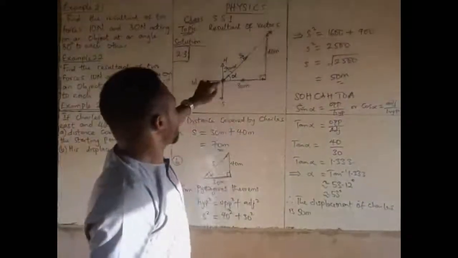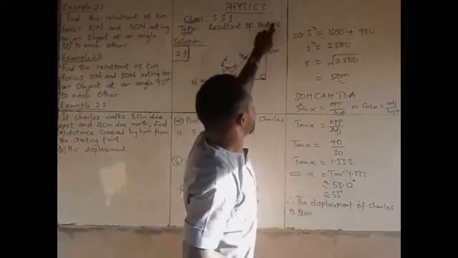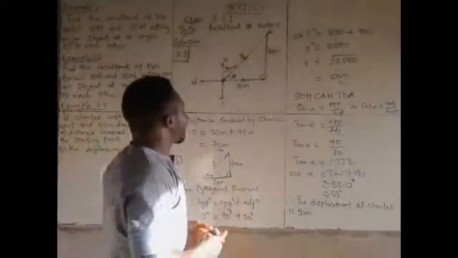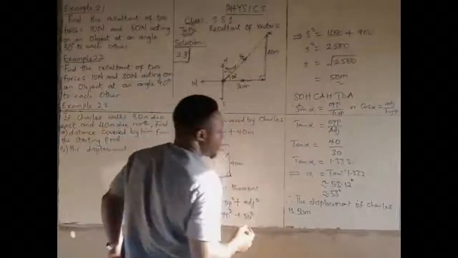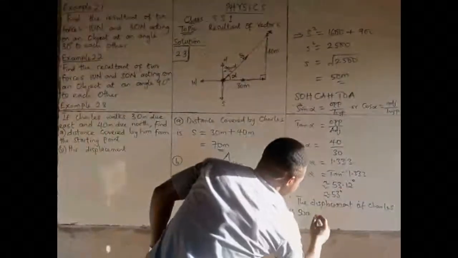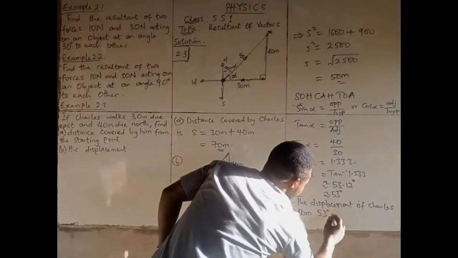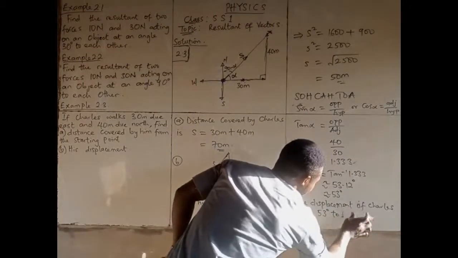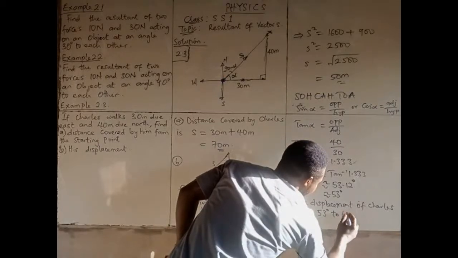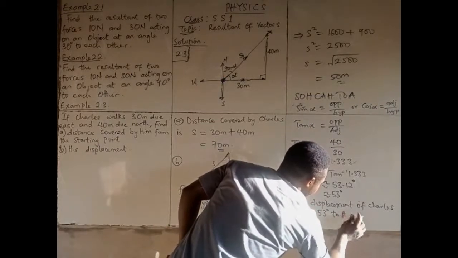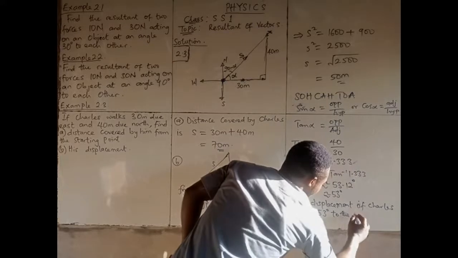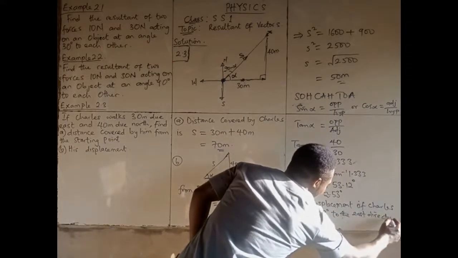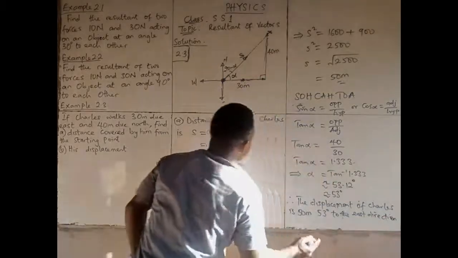You just move 50 meters from here straight to this place, from the starting point to the destination. 50 meters at an angle alpha, at an angle of 53 degrees to the east, 53 degrees eastward, to the east direction.